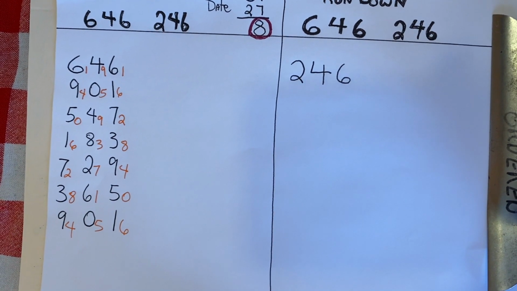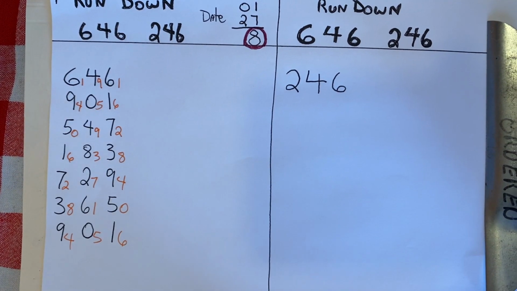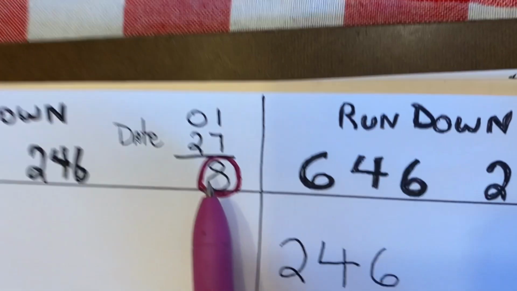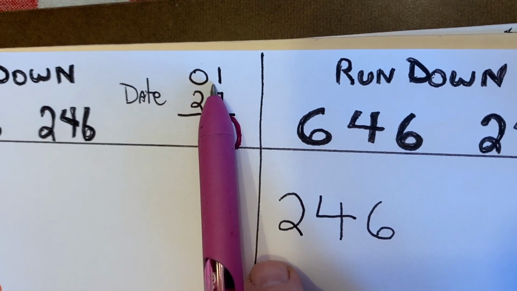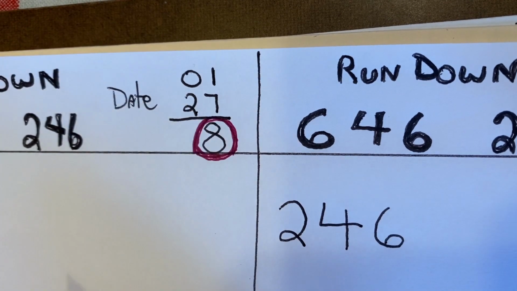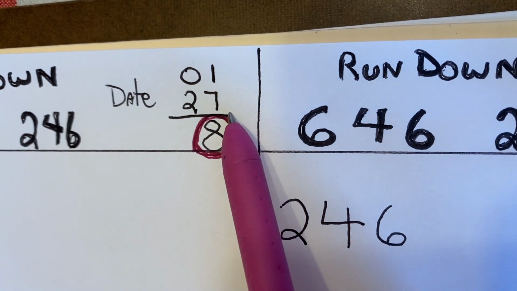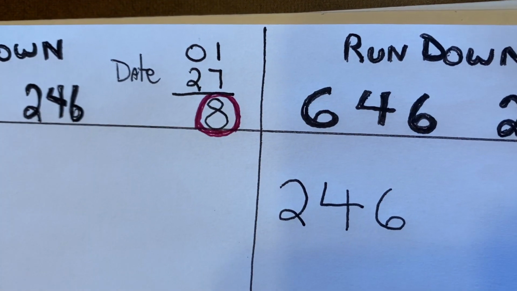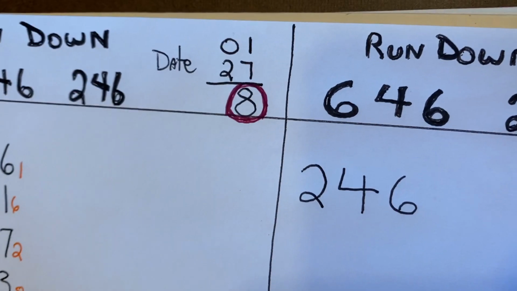Okay. The next step is we are going to do our date. Okay, today is January 01 for January. 27 is the date, and you only add the back 2. 7 and 1 equals 8. Okay, that will be our date number.